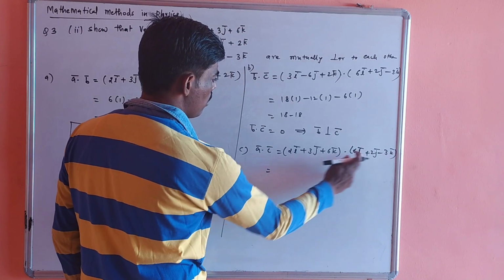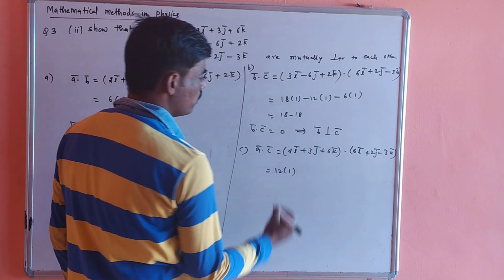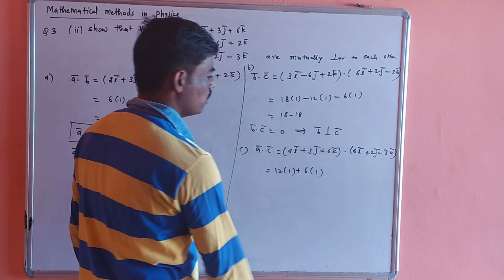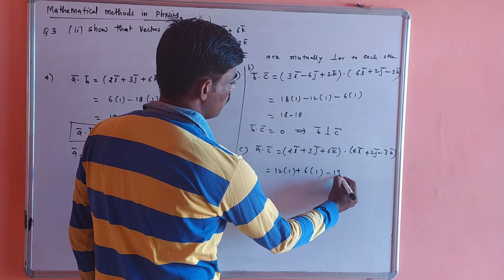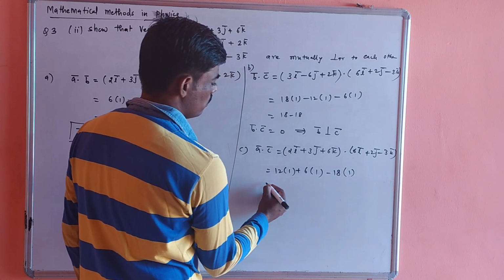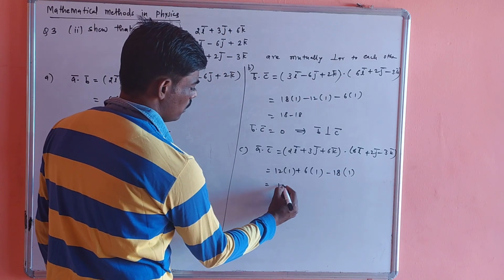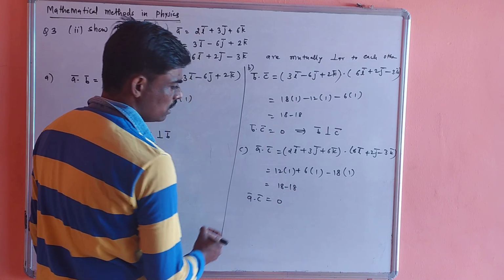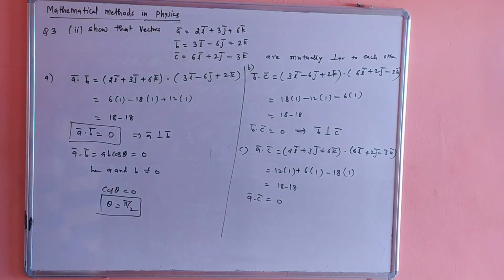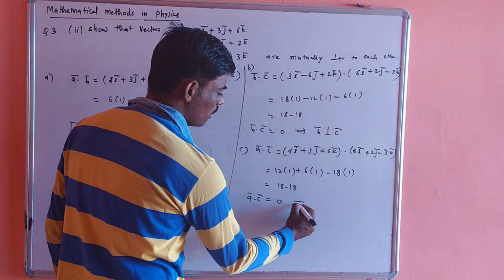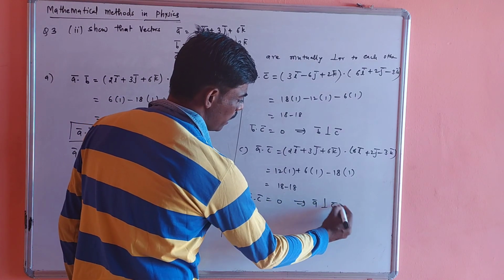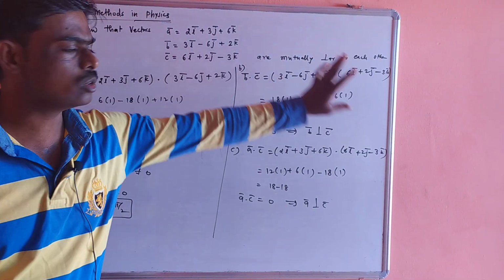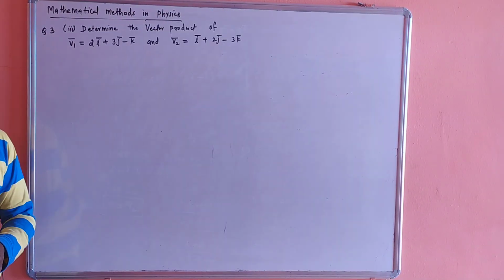Take dot product, i dot i, 1, then j dot j, 1, and k dot k, 1. Again 18 minus 18, answer is 0. So A dot C, the result is 0. Therefore vector A is perpendicular to vector C. So it is proved that all these three vectors are mutually perpendicular to each other.